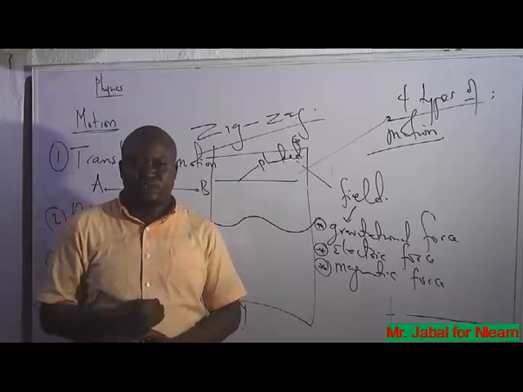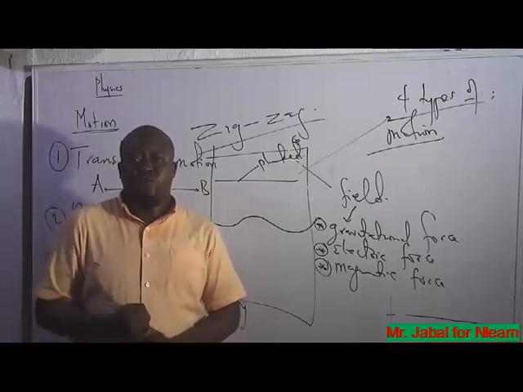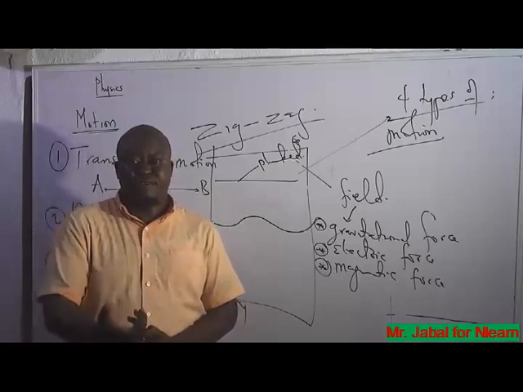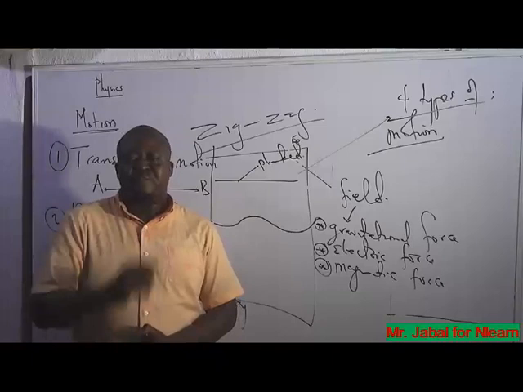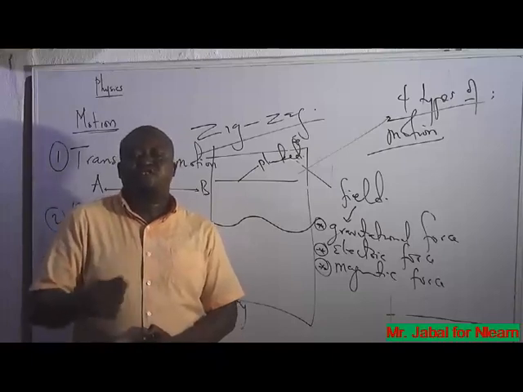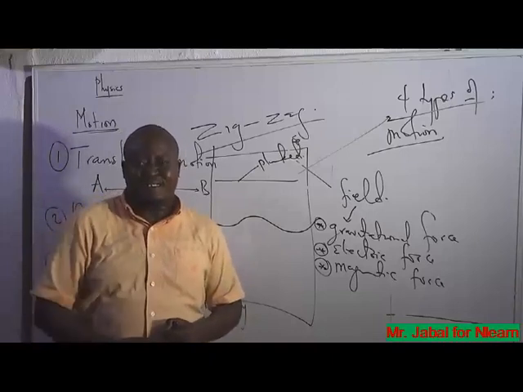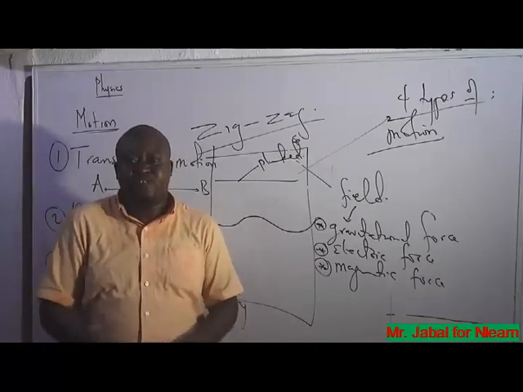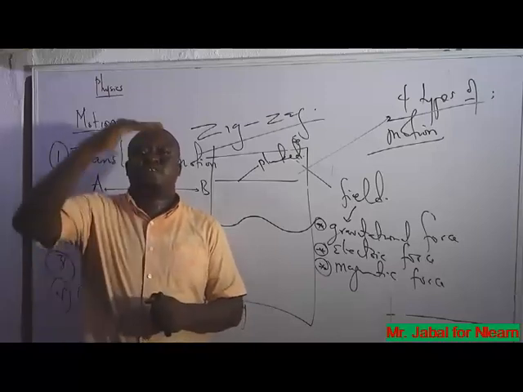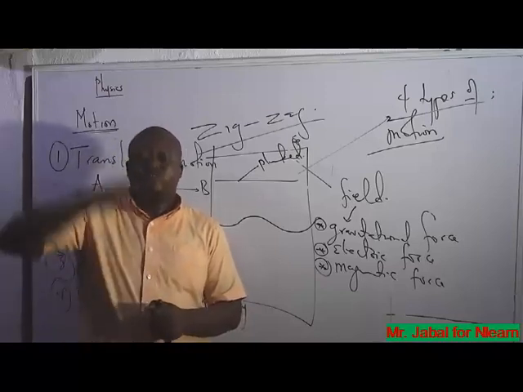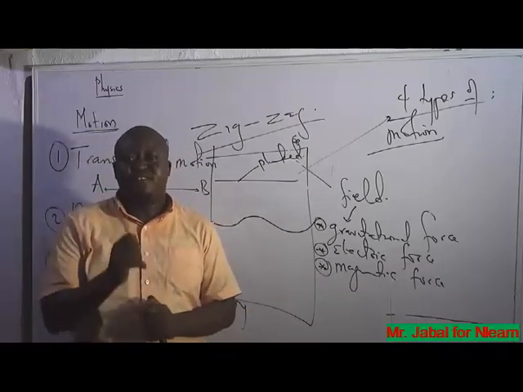The molecules of a solid are moving, but the motion is slow. The kind of motion they have is oscillatory or vibratory motion, because they don't just move, they vibrate about their axis. They vibrate about a fixed point, thereby creating a successive path as they move up and down. The movement is very slow.